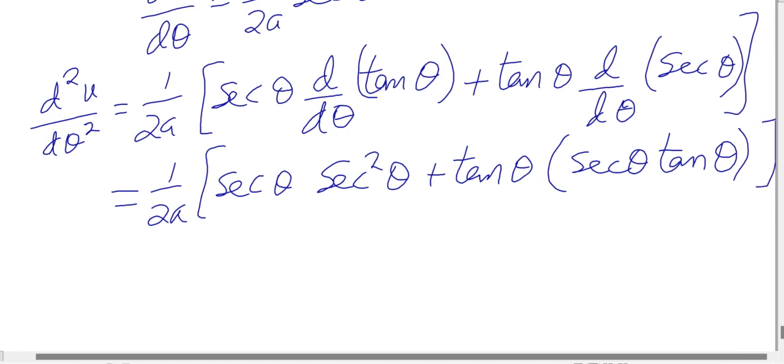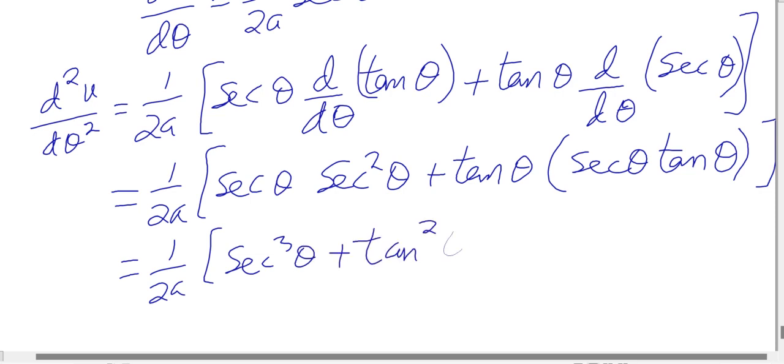Then we can simplify this. We get 1 over 2a, sec cubed theta plus tan squared theta times, if we are opening the brackets here, tan theta times sec theta tan theta is tan squared theta times secant of theta.